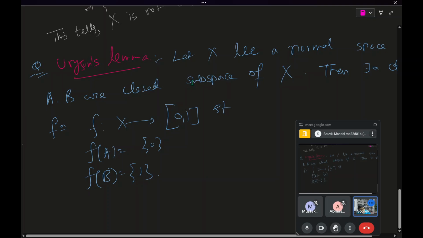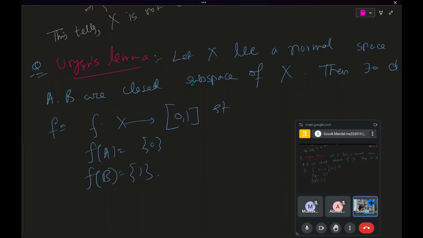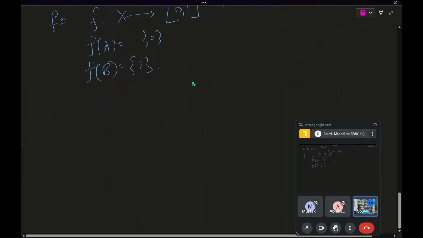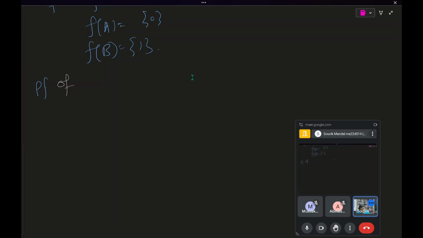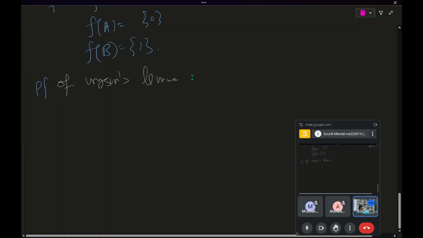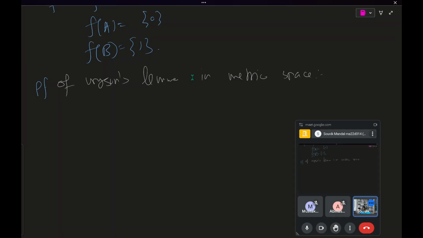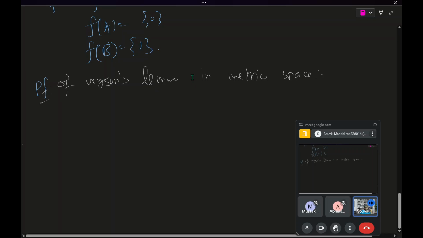Okay. So, proof of Urysohn's lemma in metric space.